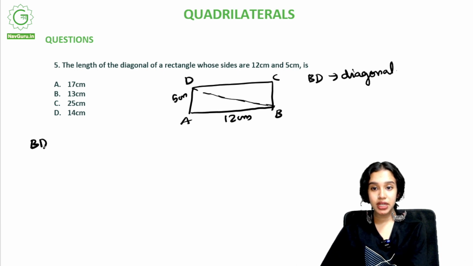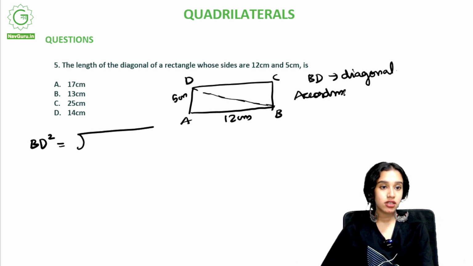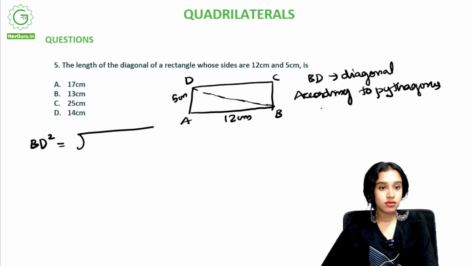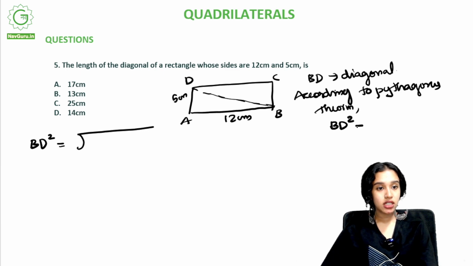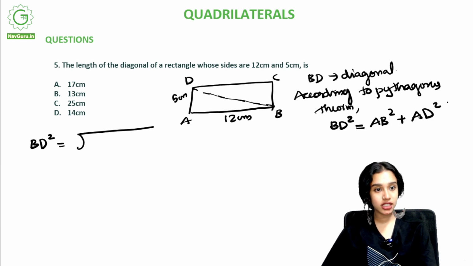So, this is the Pythagoras theorem, right? According to Pythagoras theorem, the hypotenuse square, here hypotenuse is BD, is equal to the base square, which is AB, plus the height, AD, the adjacent side.